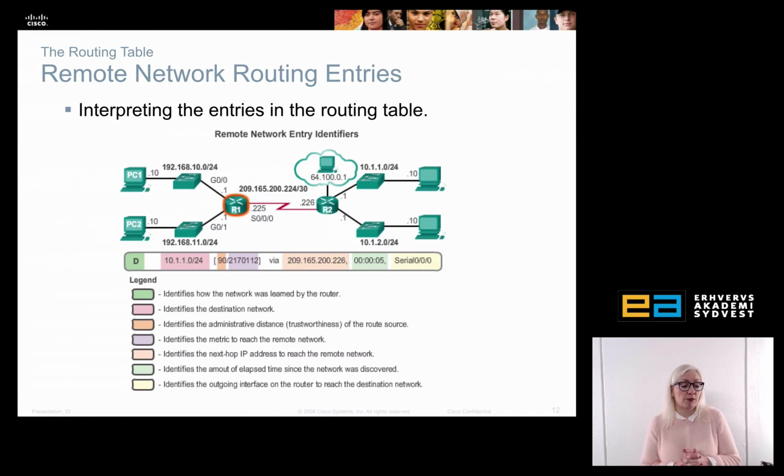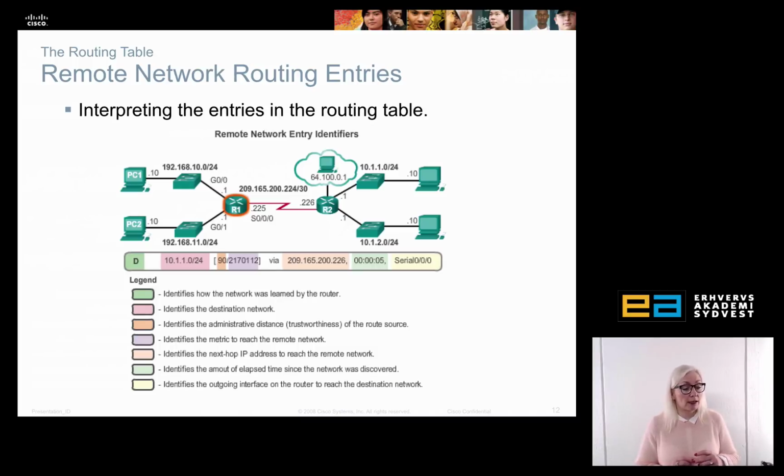If you look at an entry in a routing table, we will see where it has learned the information from. For instance, here, if it says a D in front of it, it means that this is learned by EIGRP. And we can see the destination network, 10.11/24.